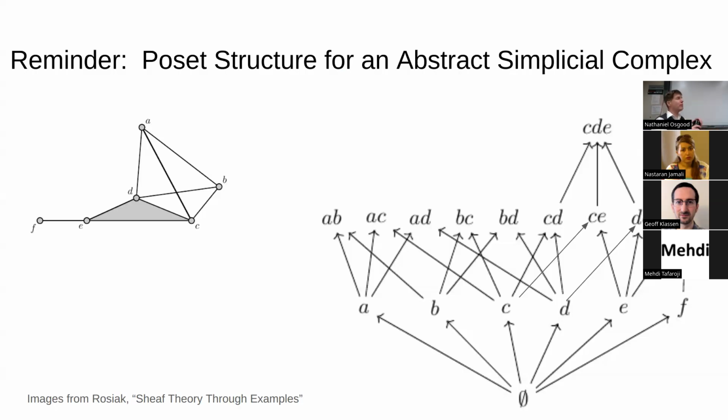We're going to have sheaf data there, and we're going to have restriction maps, just like I've described. There's going to be a restriction map here from a lower dimensional simplex to the upper dimensional simplices of which it is part.